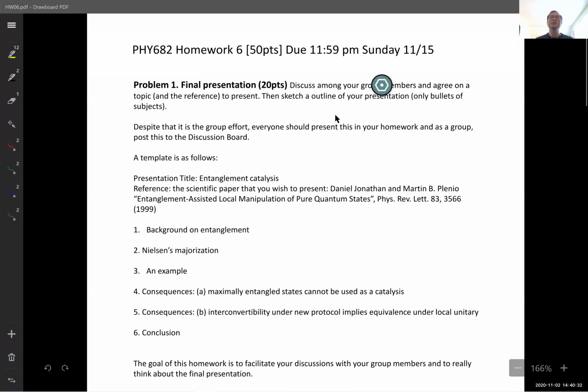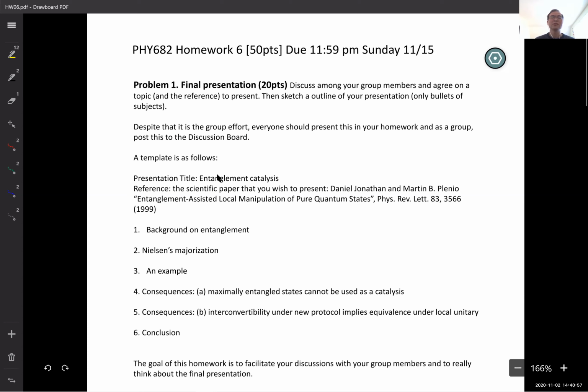The first task is for you to engage in your group discussion and agree on a topic. Then, according to this topic or paper, you will create a rough sketch of the outline of your presentation.